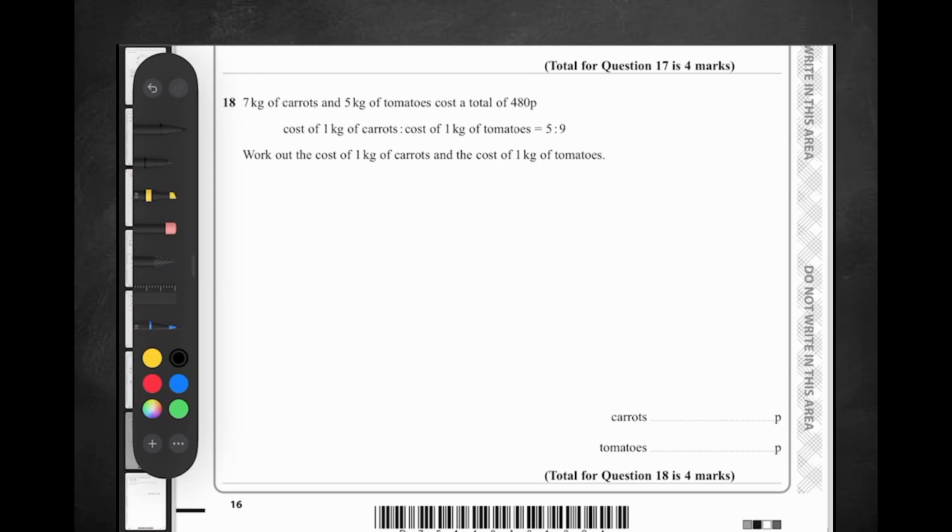So we know that 7 times C, if C is a kilogram of carrots, plus 5 times T is 480p. And from this ratio, we also know that C divided by T is equivalent to 5 over 9.